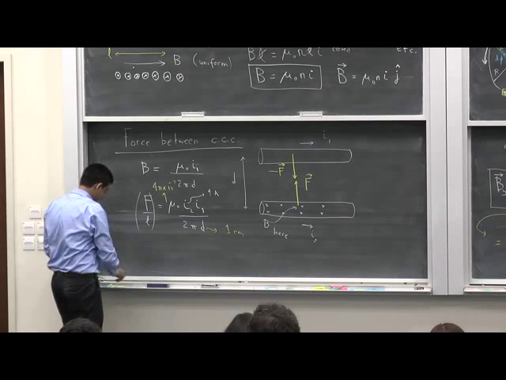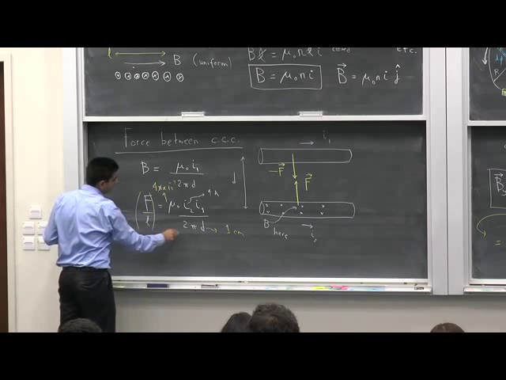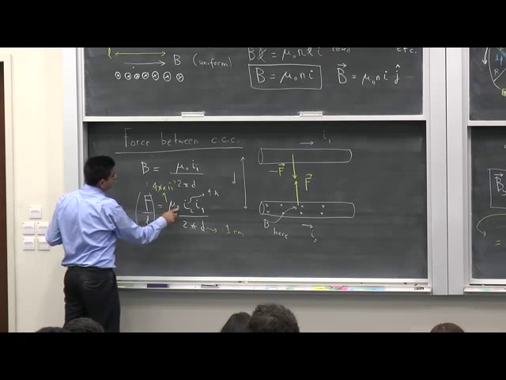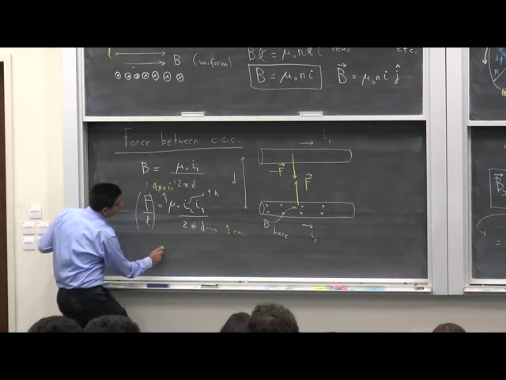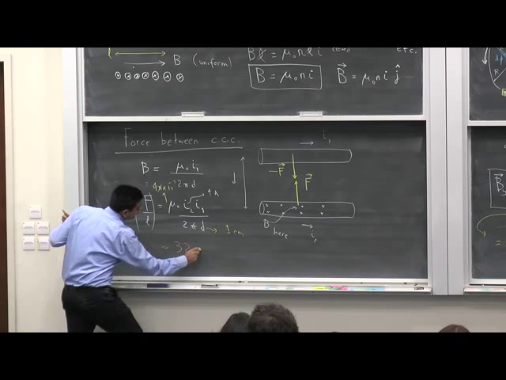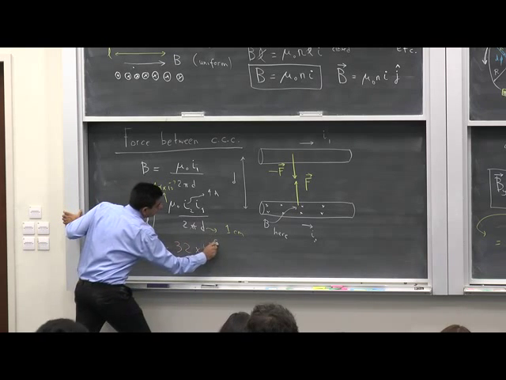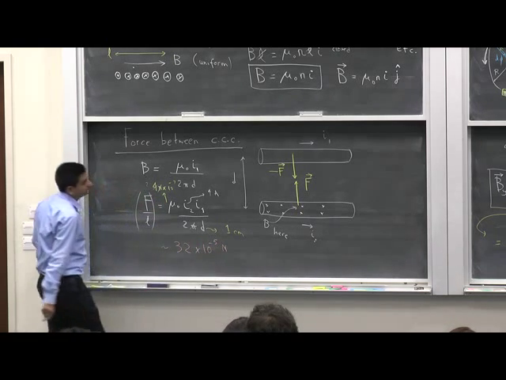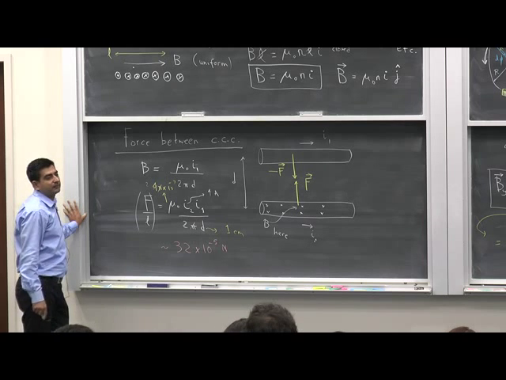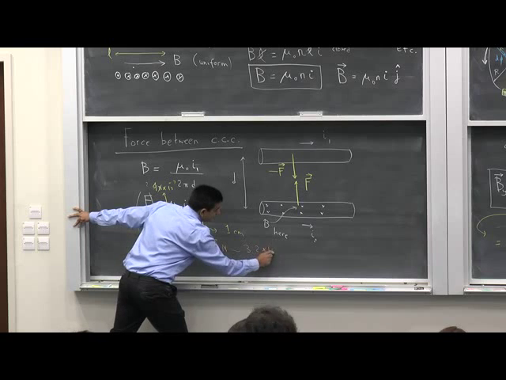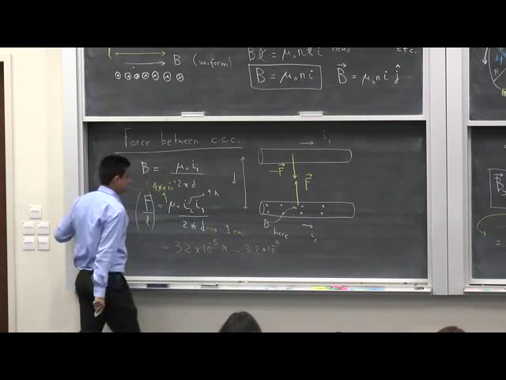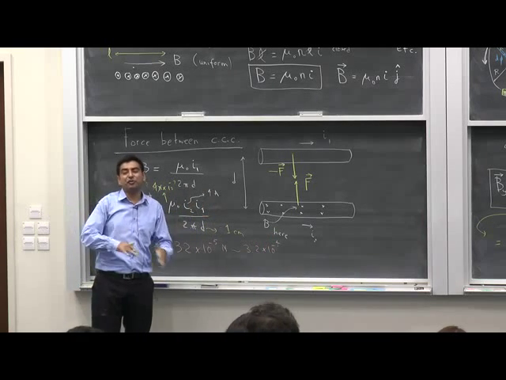What do I get? About 32 into 10 raised to minus 5 newtons, or 3.2 into 10 to the minus 4 newtons. It's 320 micronewtons.